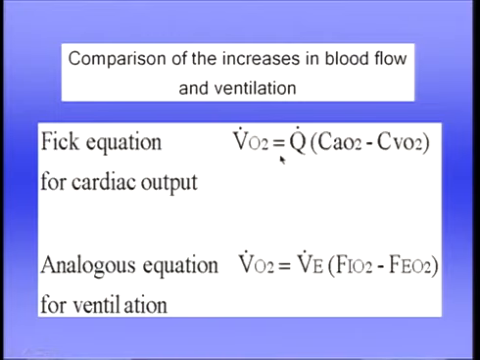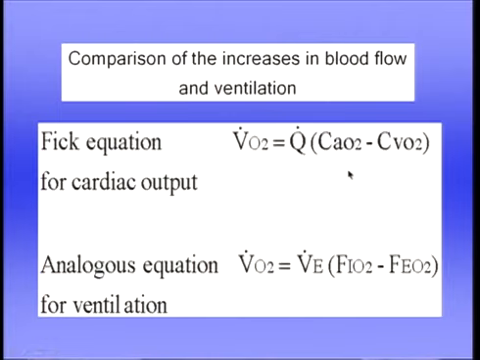And what happens is that Q does not increase as much as ventilation when we write the analogous equation for ventilation. The analogous equation would be oxygen consumption equals ventilation, rather than cardiac output, times the inspired fractional concentration of oxygen minus the expired fractional concentration. This is a similar kind of equation. So why the difference?